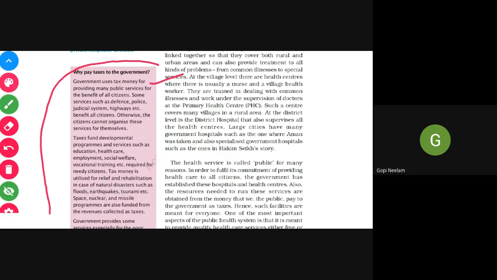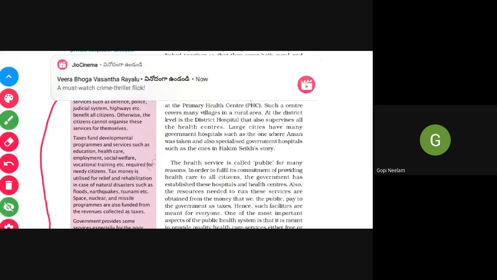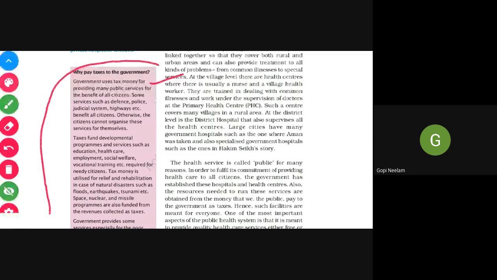For example, if the government is not providing defense, not setting up an army, can we set up an army at the border ourselves? Do you think it is possible? We have different opinions, different kinds of people. Do you think we can organize highways and the judicial system for ourselves?